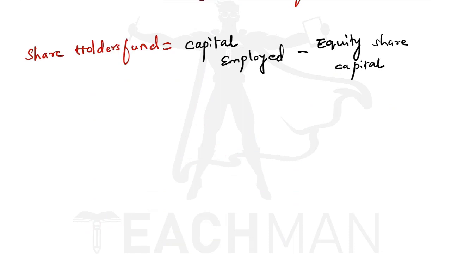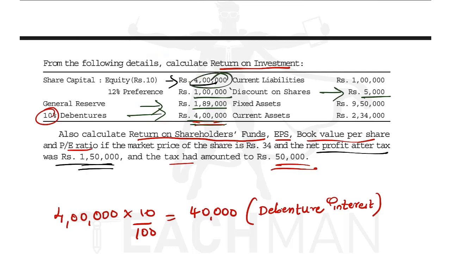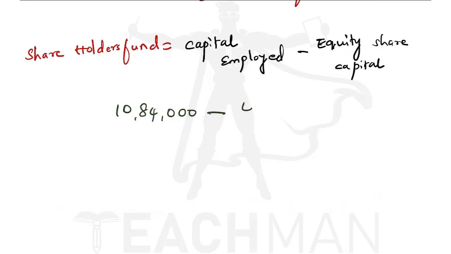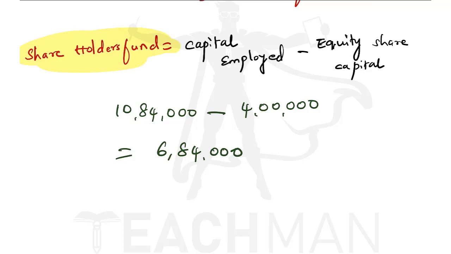So 10,84,000. And what is equity share capital? Equity share capital is 4 lakh. So what is the shareholders fund now? 10,84,000 minus 4 lakh will give you 6,84,000. So we have got the shareholders fund, that is 6,84,000.